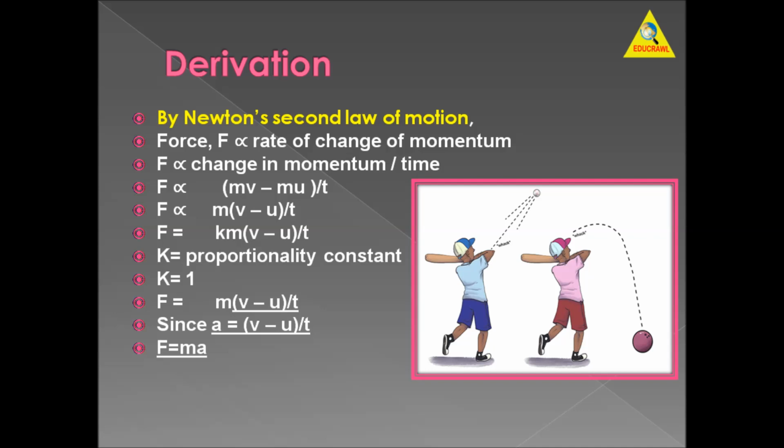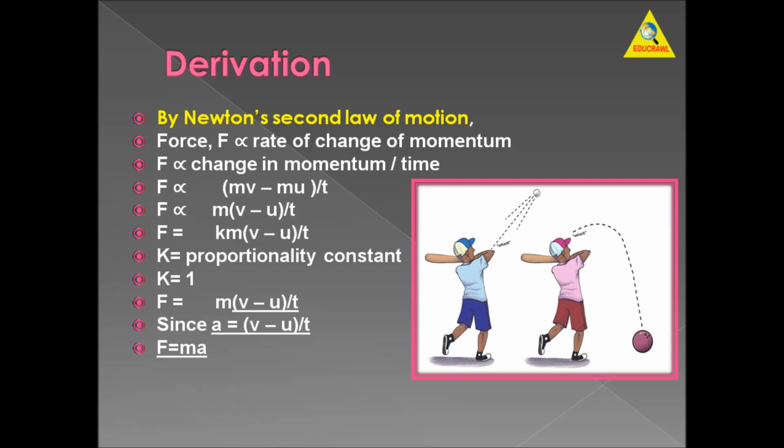So d by dt of (mv minus mu) refers to the rate of change of momentum with respect to time. Hence, according to Newton's second law, the rate of change of momentum is given by d by dt of (mv minus mu). Hence, this is the equation of Newton's second law.